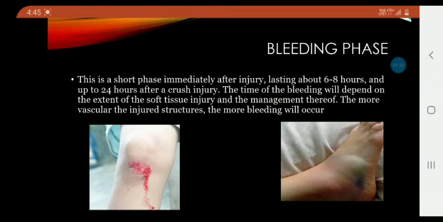So there is internal bleeding taking place. Therefore the management of this injury is very essential. In this phase, using the PRICE method is very essential. I'll show the video of what happens in the bleeding phase.